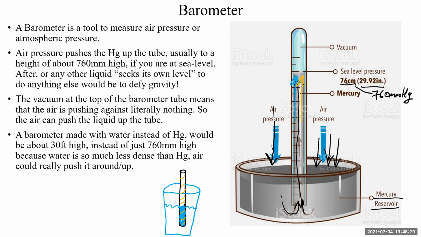Well, it has nothing to do with the mercury. Any liquid would do the same thing, including water. The difference between a barometer and a cup with a straw in it is that there is no vacuum. Until you supply the vacuum, there is no vacuum at the other end of the straw, so the water stays at its own level.